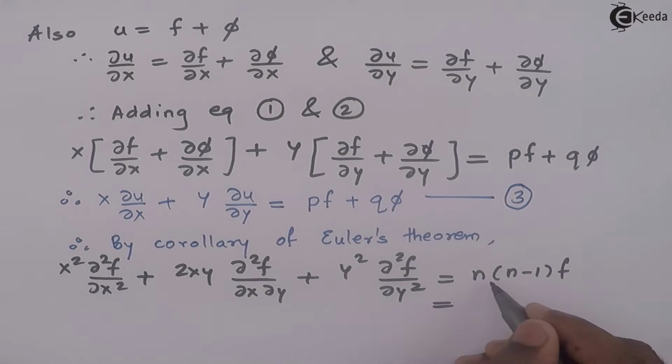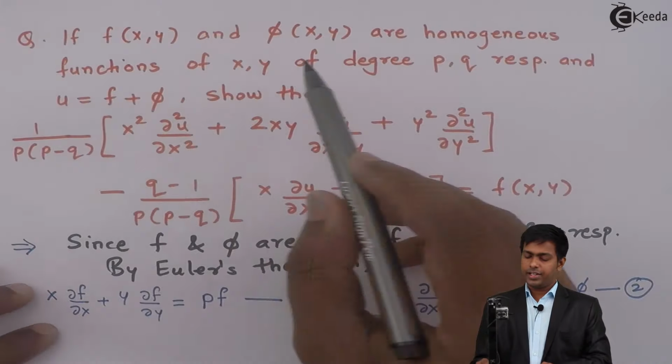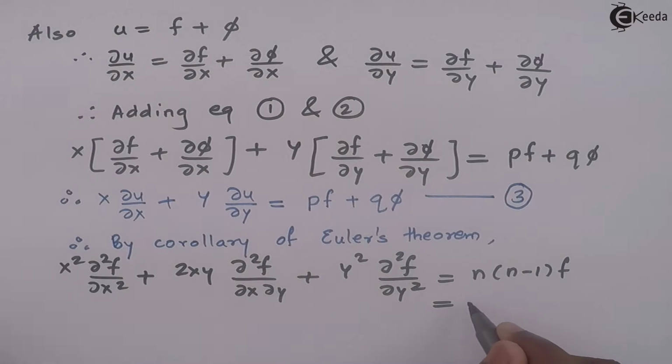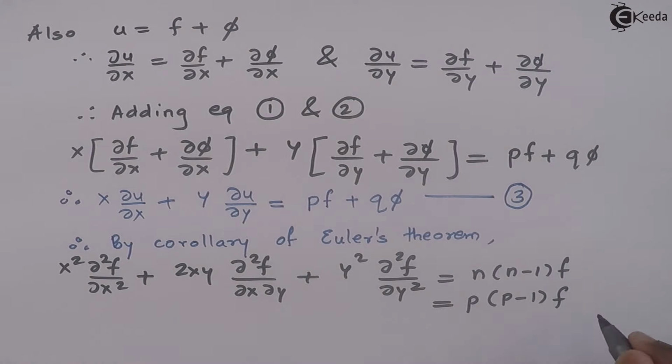Here n is the degree and the degree of this function f is p. So this will become p into p minus 1 into f, and I'll say this as equation number 4.